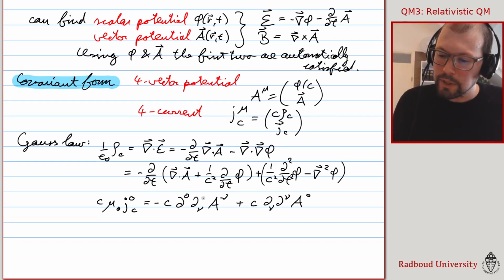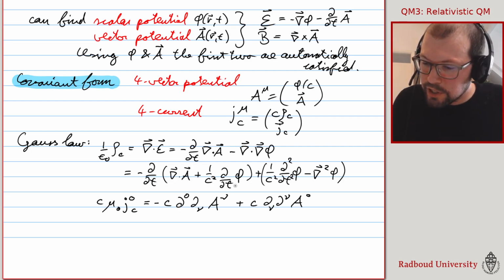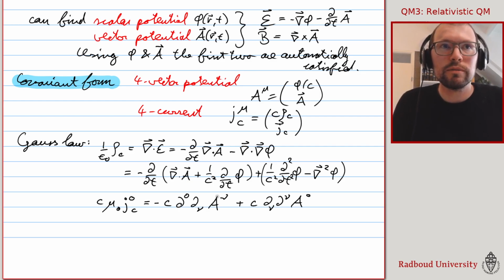So I've taken the c squared here, it combines into the nu equal to 0 part.